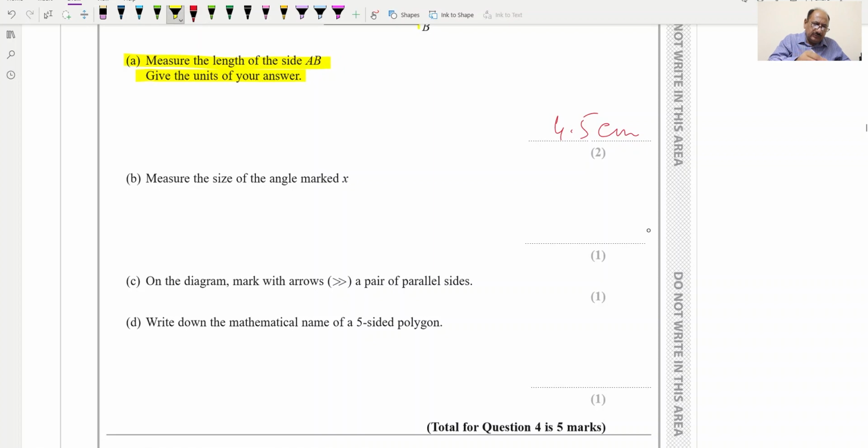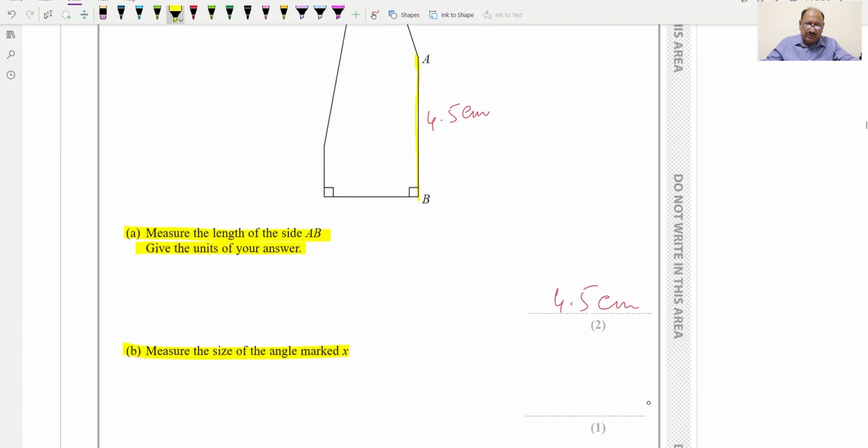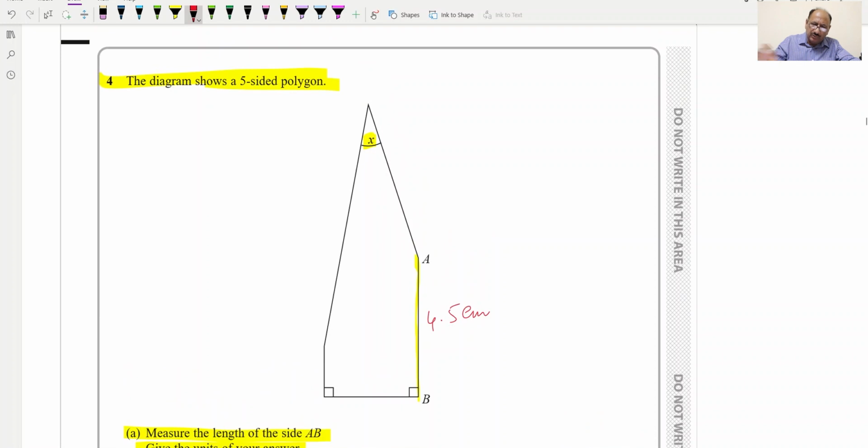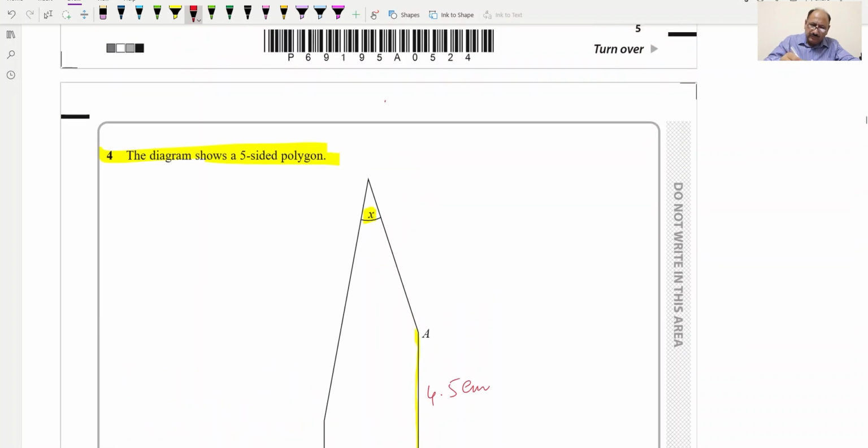Measure the size of the angle marked X. So for the size of angle marked X, we also need to measure this angle, and we will be keeping our protractor like over here, and zero line will be this one.